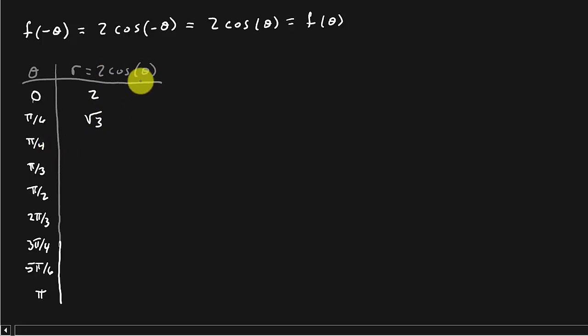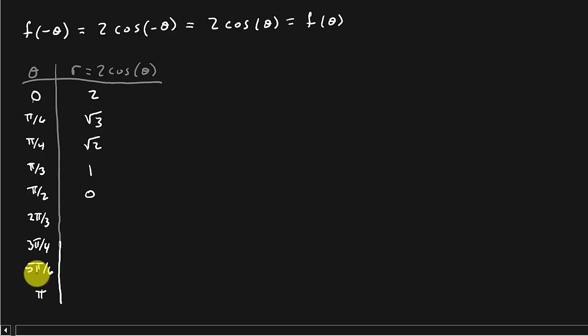The cosine of pi over 4 is square root of 2 over 2, times 2 is square root of 2. The cosine of pi over 3 is 1/2, 1/2 times 2 is 1. The cosine of pi over 2 is 0, 0 times 2 is 0. All right, now let's look at evaluating these.